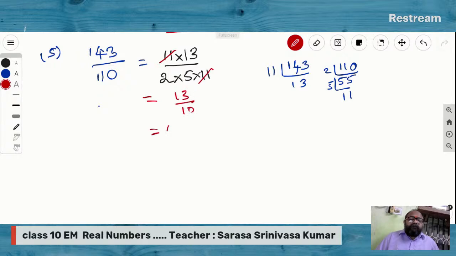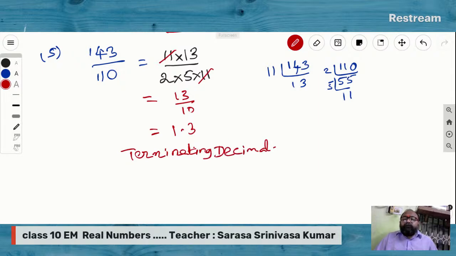This is equal to 0. Not 0. 1.3. Again, this is a terminating decimal.